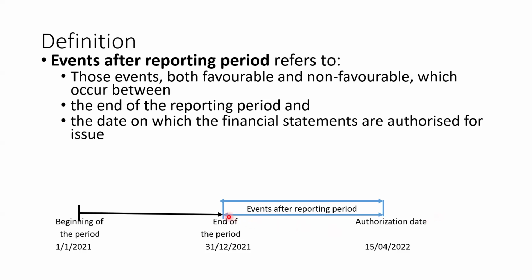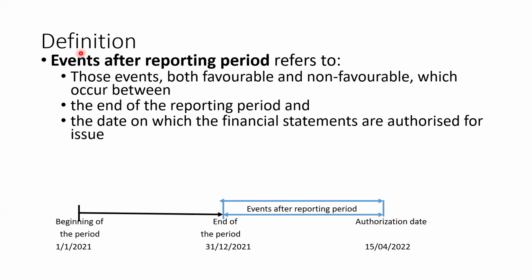Between the reporting date and the day that the financial statements are signed or authorized for issue, those events that happen within that period, we call them events after the reporting period.